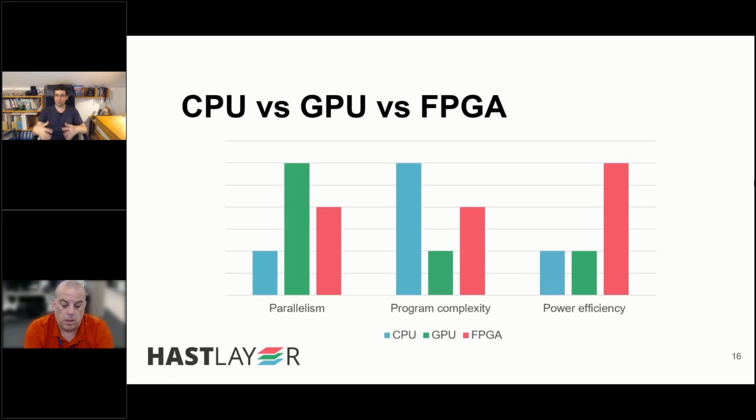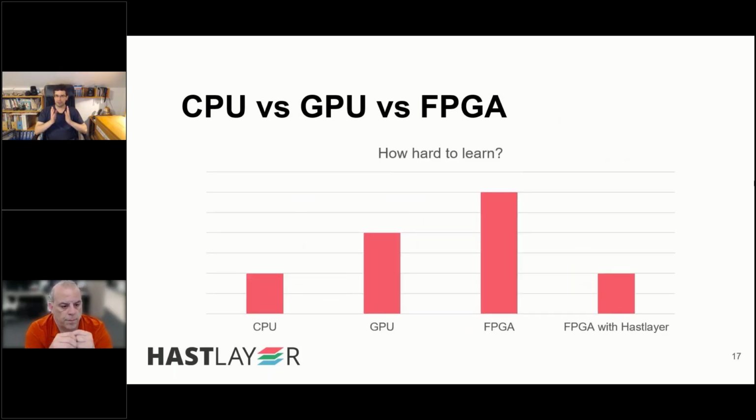But this is all costs. Power is costs because it's actually cost twice. Because first you pay for power, and secondly you pay for dissipating all that heat, for the cooling. The FPGAs have a sweet spot there, but they are very hard to utilize, as mentioned.